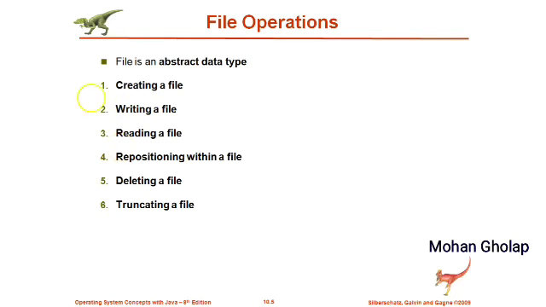But when you truncate a file, only the content of that file will be removed, but its attributes will not be removed. So that file is going to exist, but its content is gone. So this is the difference between deleting and truncating. Deleting means altogether that file will be deleted from the storage, as well as the entries will be deleted from the directory. But truncating means only the content of the file will be removed, but the file will still exist.